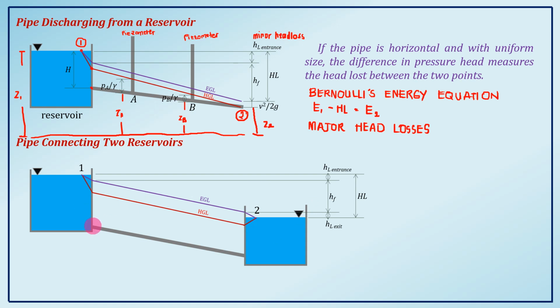At this point, where we have the entrance of liquid from your reservoir 1, we have a certain drop on our EGL, and that is your HL entrance. So, again, HL entrance is only a minor head loss.